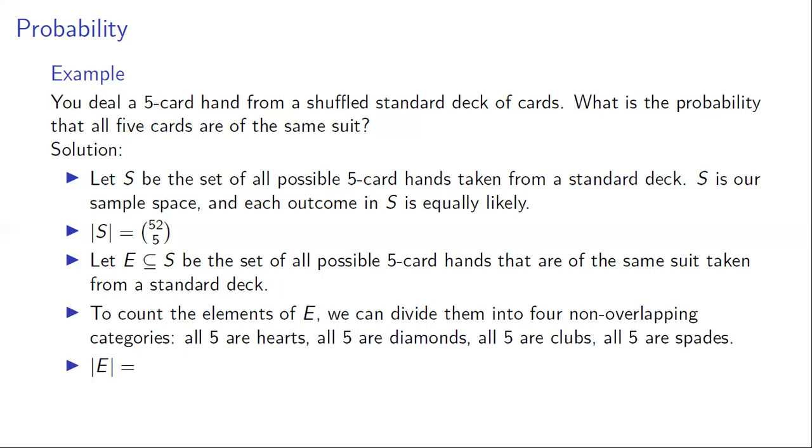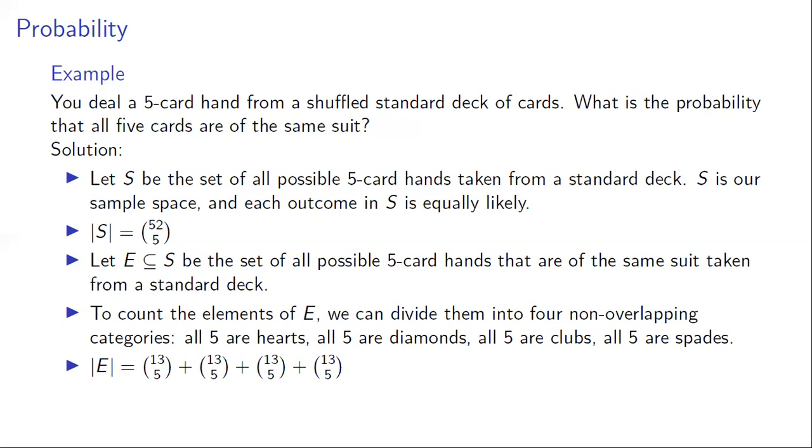So that's 13 choose 5. And that's the same for all 4 categories. So the cardinality of E is 13 choose 5 for the first category, plus 13 choose 5 for the second, plus 13 choose 5 for the third, plus 13 choose 5 for the fourth.